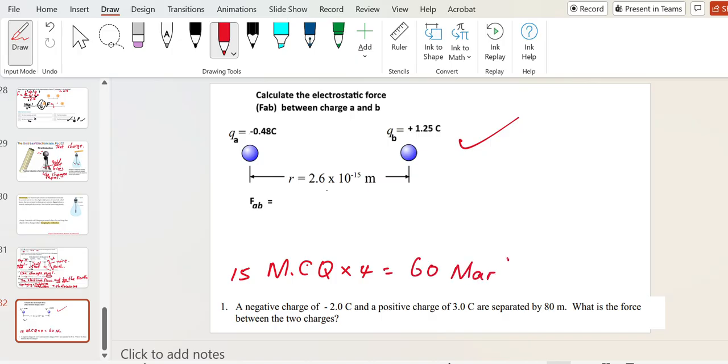Practice multiple choice is very important. Then there will be 3 writing questions, 40 marks.